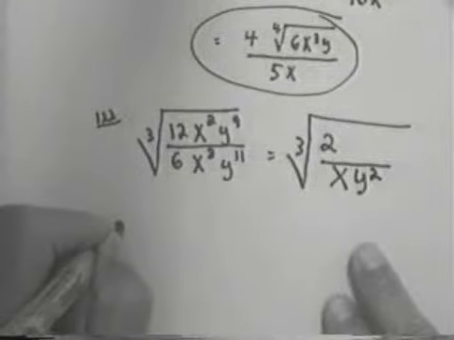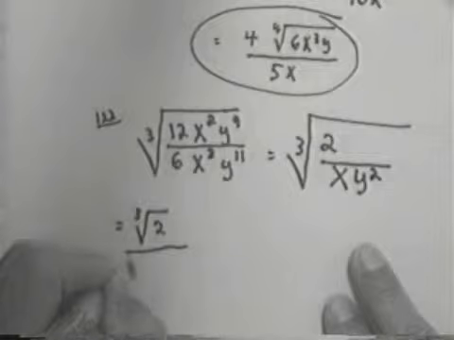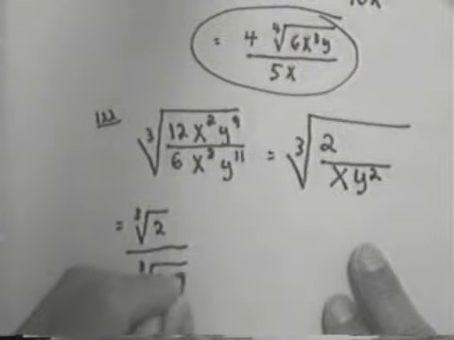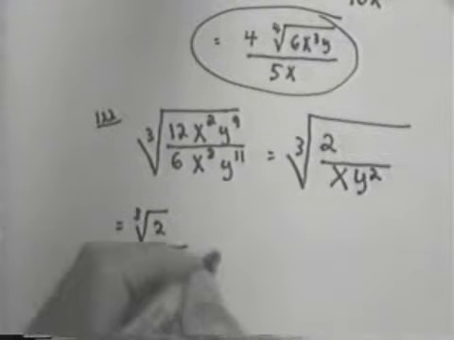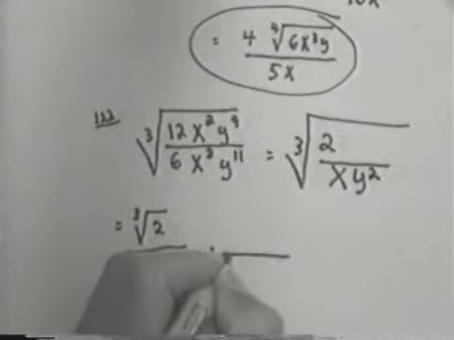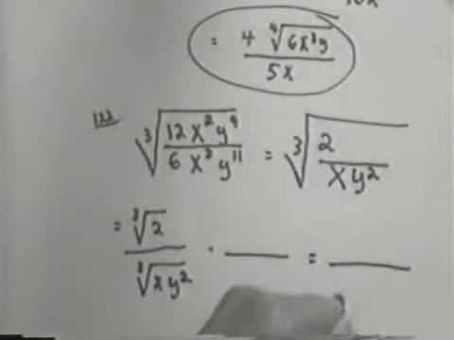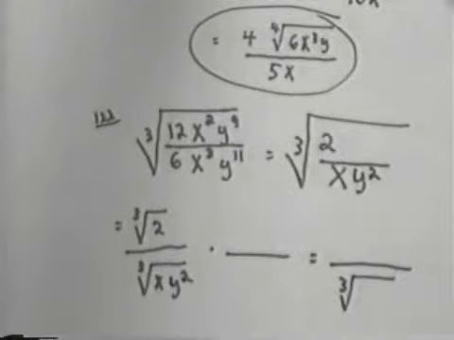Now this could be written as the cube root of 2 over the cube root of xy squared. Now here's your critical step. I've got to have a perfect cube in the denominator.